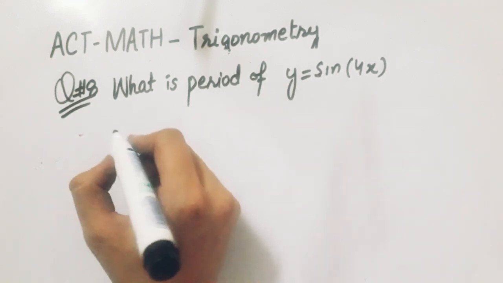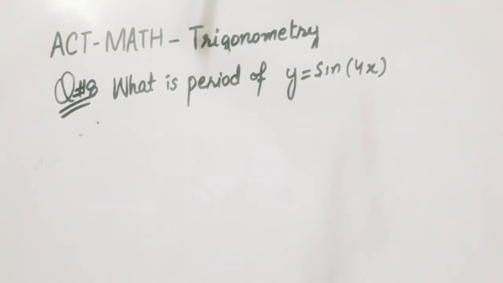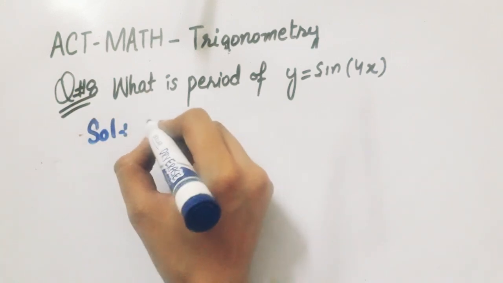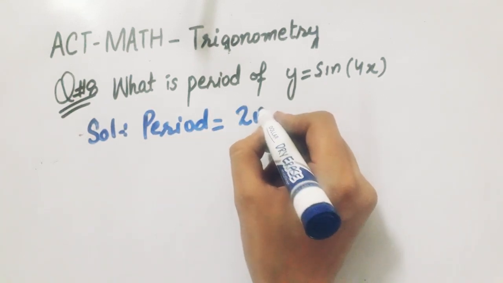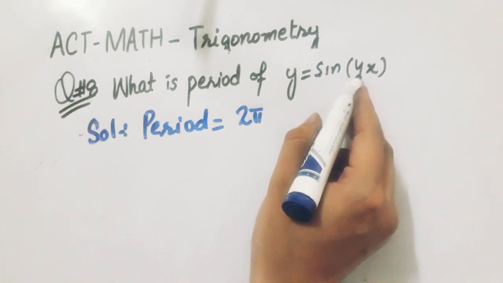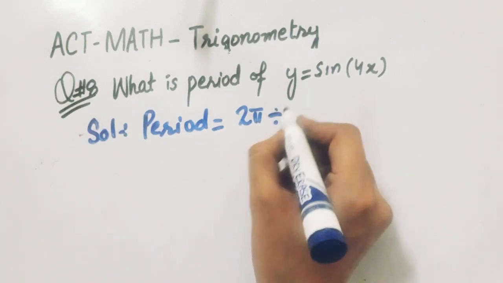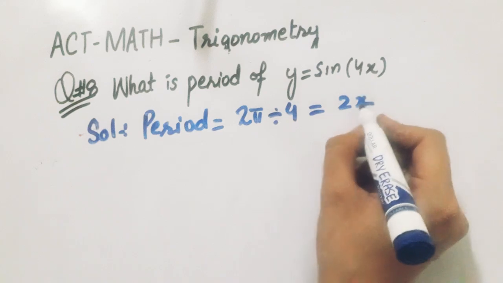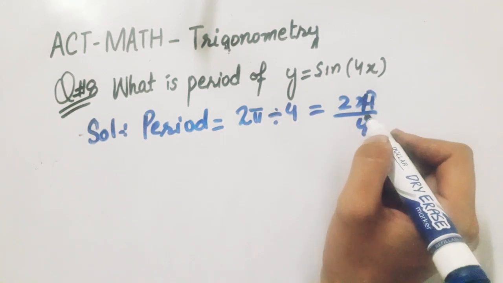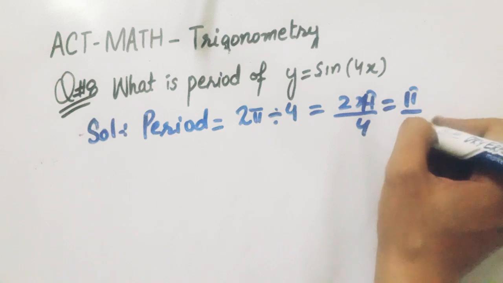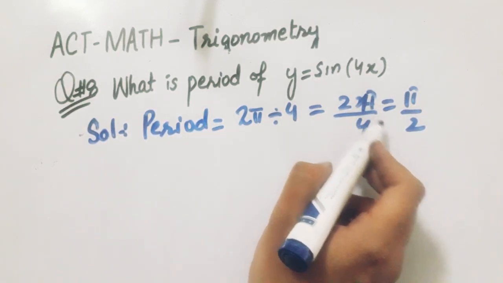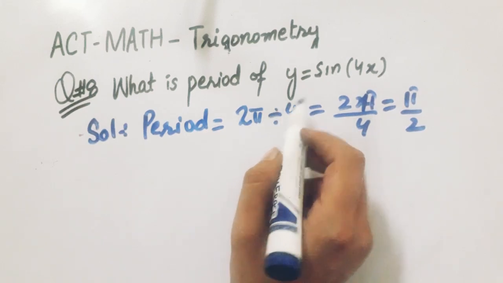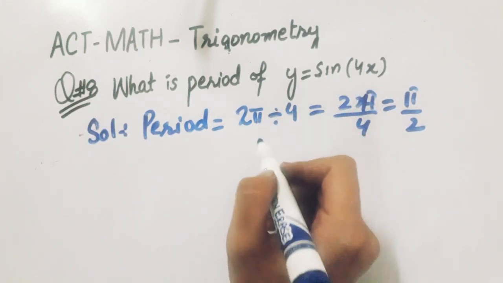So we will find the period by this formula, that is period is equal to 2 pi divided by the coefficient of angle. So 2 pi divided by 4 which is equal to pi by 2. So the period of this sin 4x is pi by 2. Just you have to divide 2 pi by the coefficient of angle.